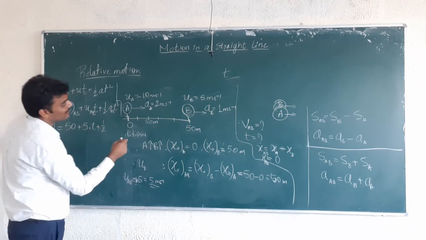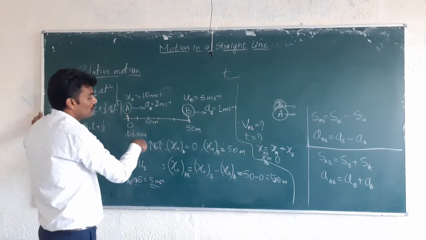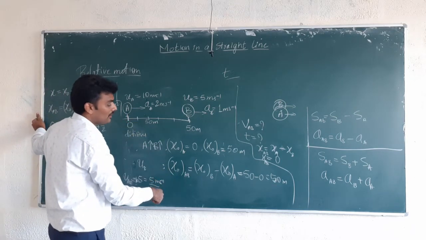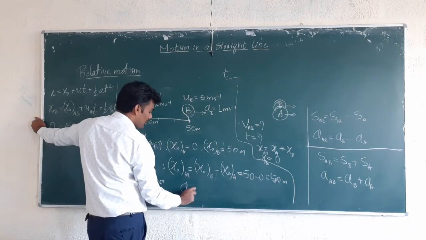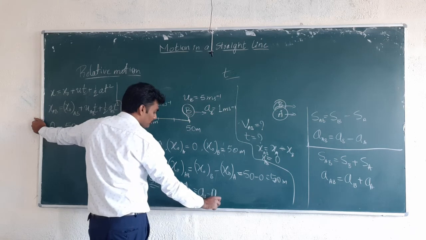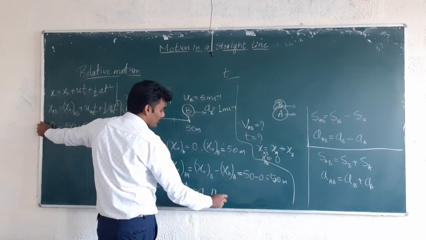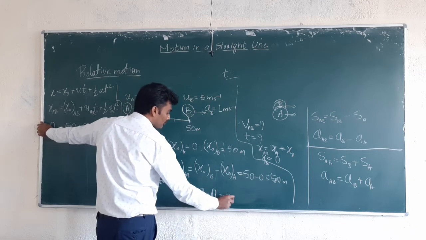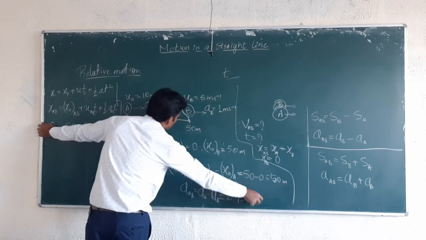relative acceleration. What is relative acceleration? Didn't we calculate it? Very simple. Relative acceleration aAB is acceleration of A minus acceleration of B, which is 2 minus 1 meter per second squared.